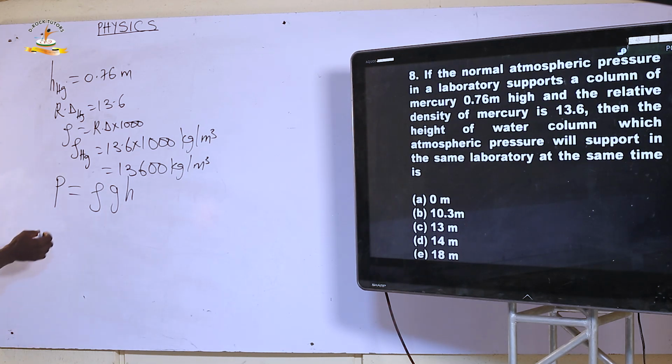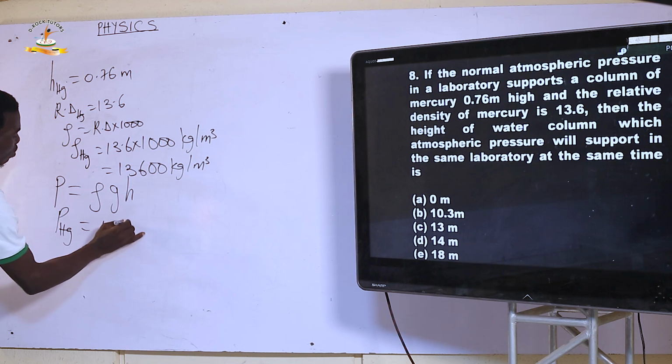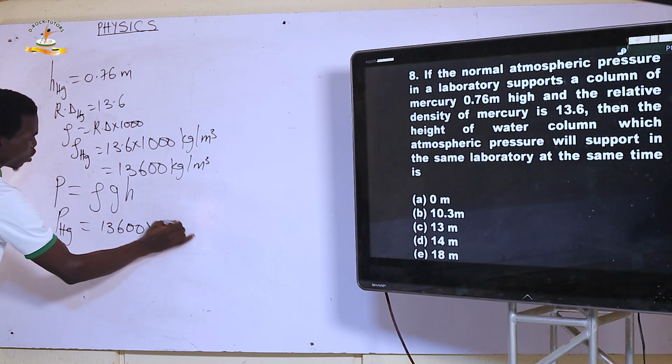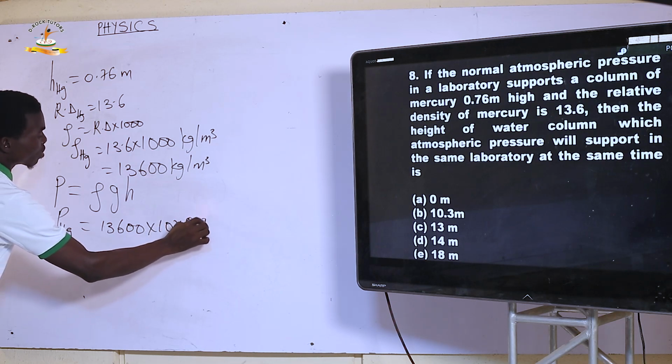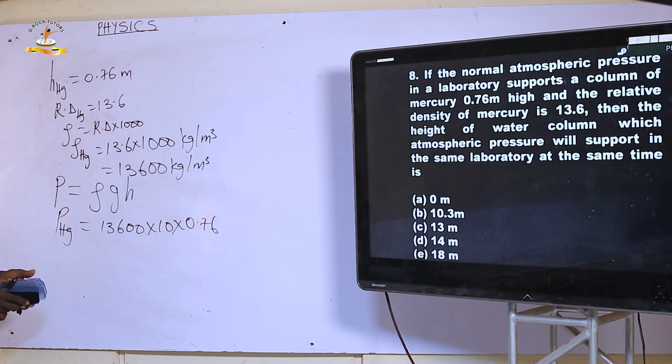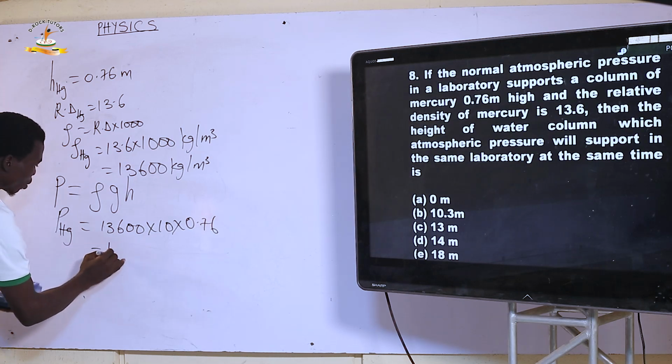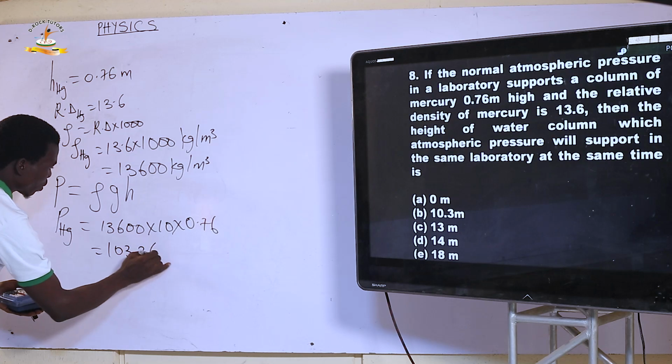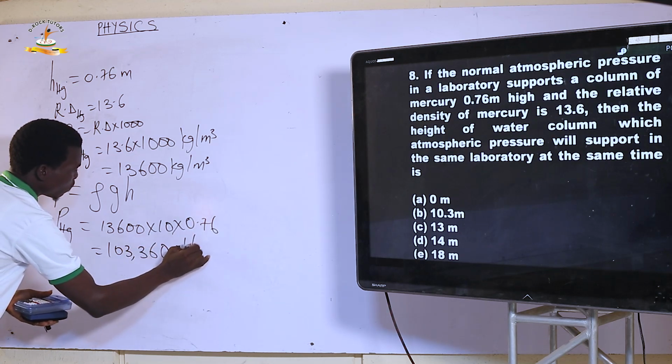Pressure of mercury, P_Hg, equals the density of mercury, 13600, multiplied by 10 multiplied by h, which is 0.76. And that is 103,360 Newton per meter squared.